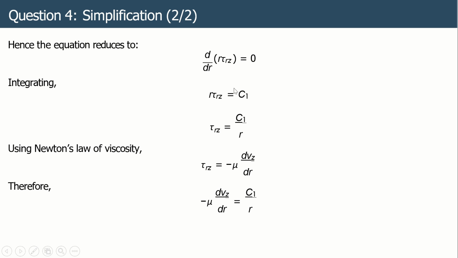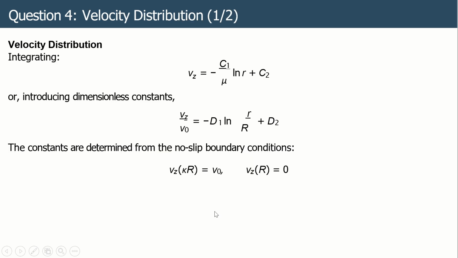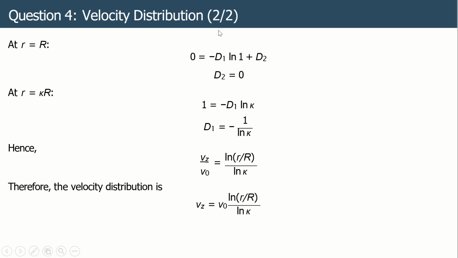From integrating this, we get the constant C1, and from Newton's law of viscosity, we already have this. In place of tau rz, if we put this, then this is the equation that we get. After integrating that equation, we get the velocity distribution in terms of C1 and C2. And if we introduce these dimensionless constants in this equation, we get this equation, and the constants are determined from the no slip boundary condition and the boundary conditions which we are given.